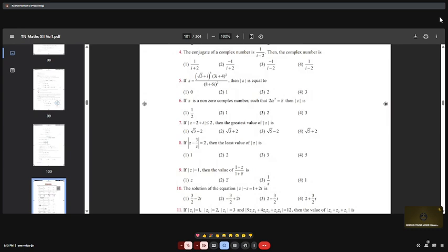The conjugate of a complex number is 1 by I minus 2. Then what is that number?